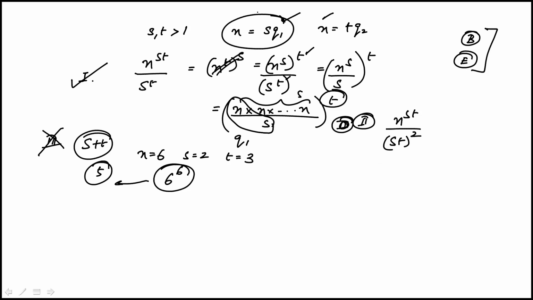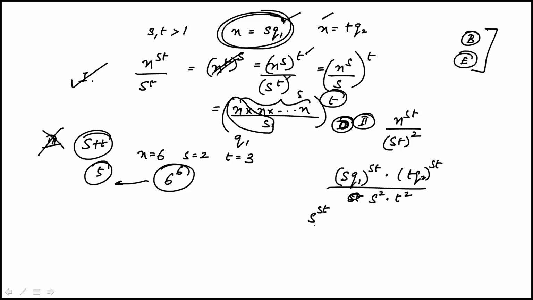So one way we can do this is to use these expressions: s q1 to the power of st, and then t q2 to the power of st over st. Actually, I'm going to write it as s squared and t squared. So we have s to the st over s squared, and then t squared. And then we have this q1 and q2 to the powers. We can ignore those because these are integers. This is what we need to show, that this is an integer.